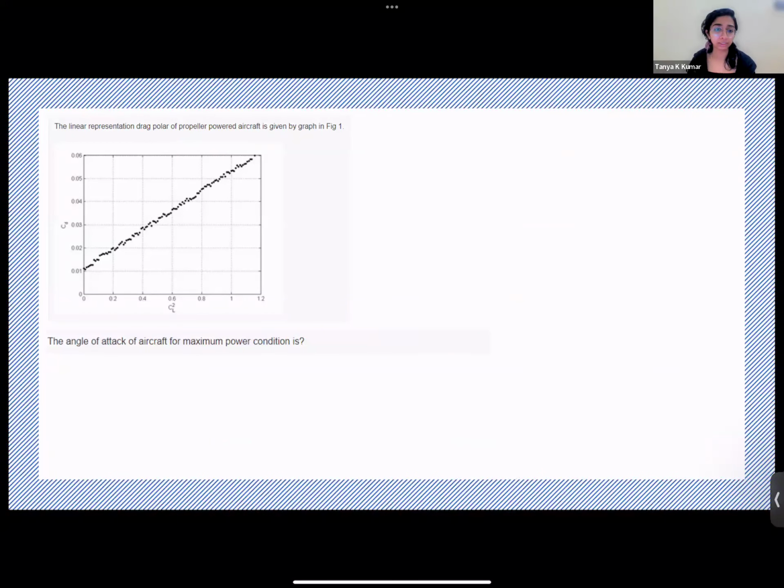Next, the same question for a maximum power condition. Try doing this. It's very simple. We had done it for the maximum range condition. Here they've taken it for the maximum power condition for a propeller driven aircraft.